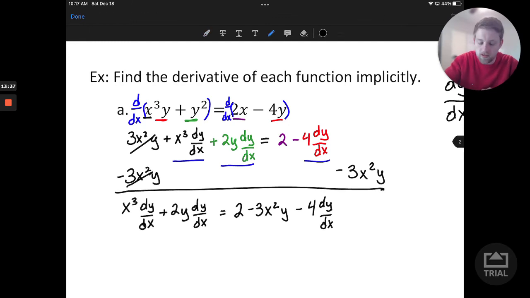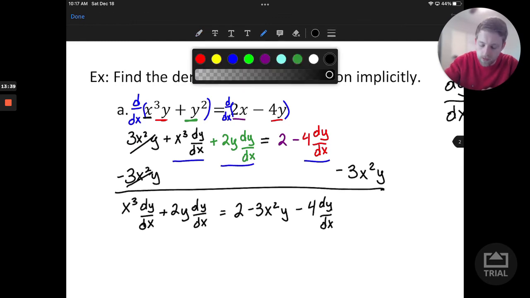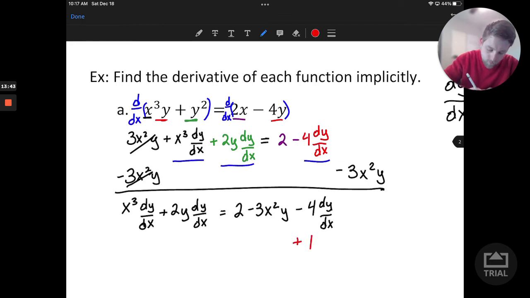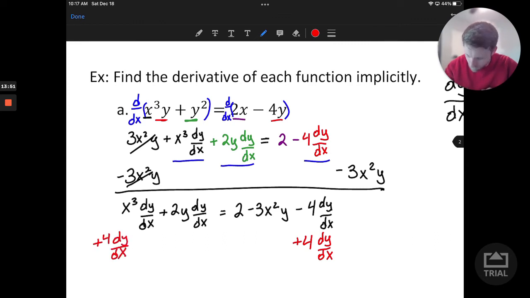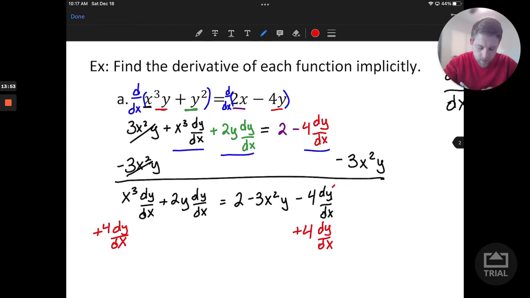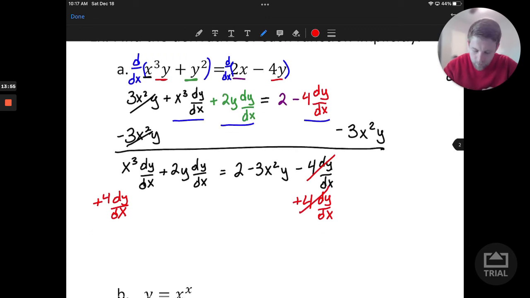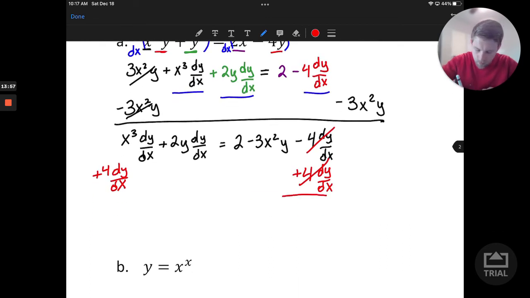We can now kind of see where we're going with collecting our terms. I want to add 4 dy dx to both sides. They'll cancel on the right, and then we'll be left with our last arrangement.